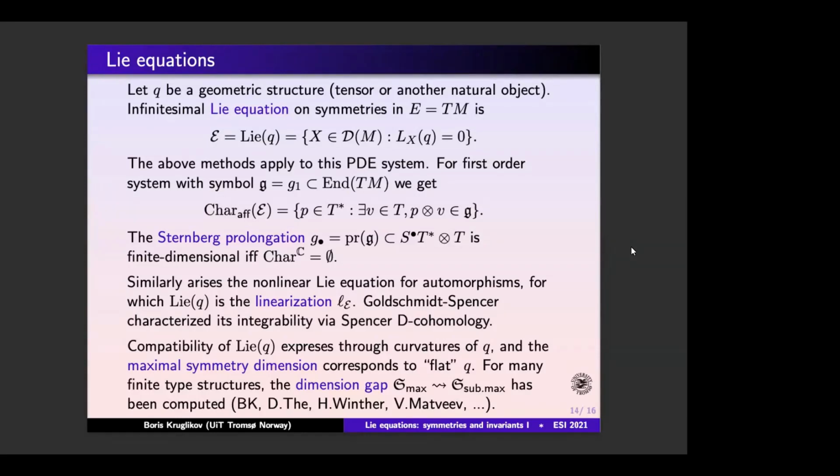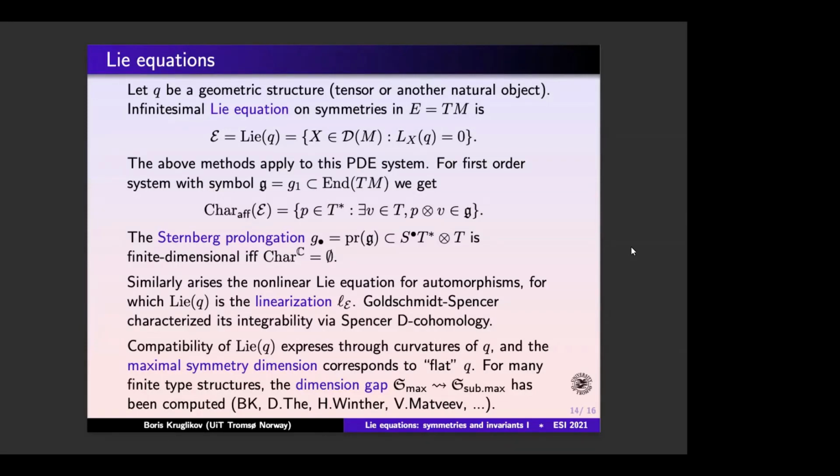Okay, so compatibility of these equations in the case of a geometric structure is expressed with something which should be called curvatures, and that's the first thing which appears. The maximal symmetry dimension corresponds to the flat Q. The real question is how to study possible dimensions of geometric structures. Usually you can understand what the maximal dimension is, and that's what I was discussing previously: the sum of dimensions of symbols gives you the maximal dimension.